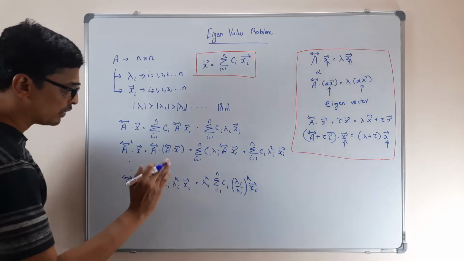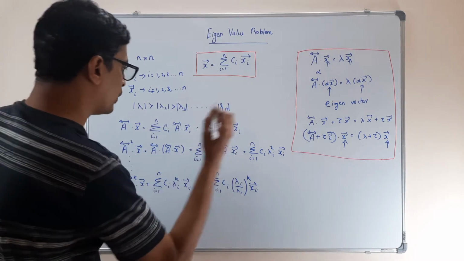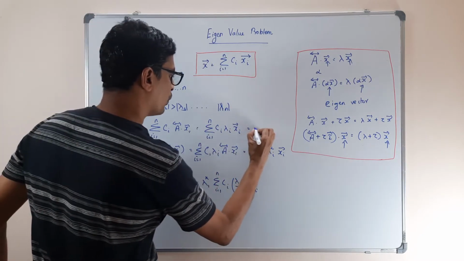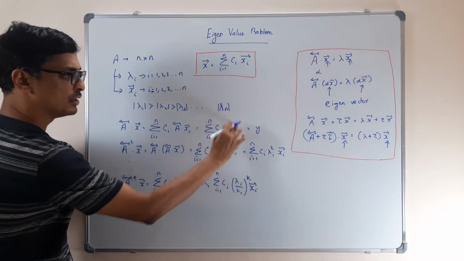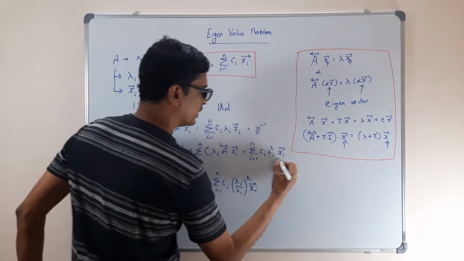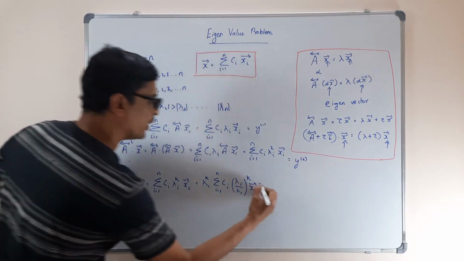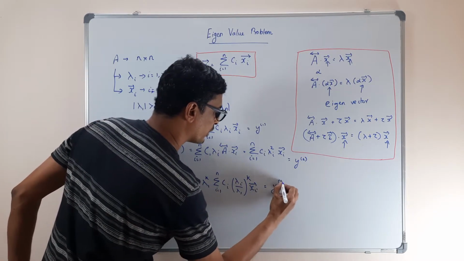Let me call this vector y, so y of 1, y of 2, and so on, up to y of k.